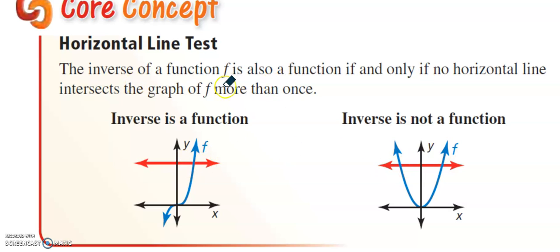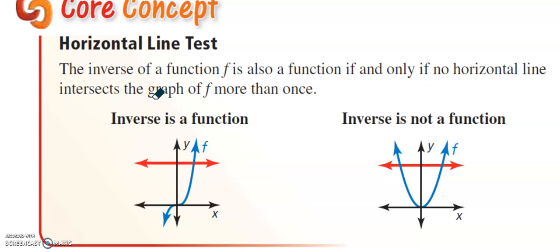Well, we can see from the graphic here, and also if you've read this since I've been talking, if a horizontal line touches the original function more than once, then the inverse will not be a function. If it touches only once, and we have to keep in mind, we have to be able to move the horizontal line everywhere, right?